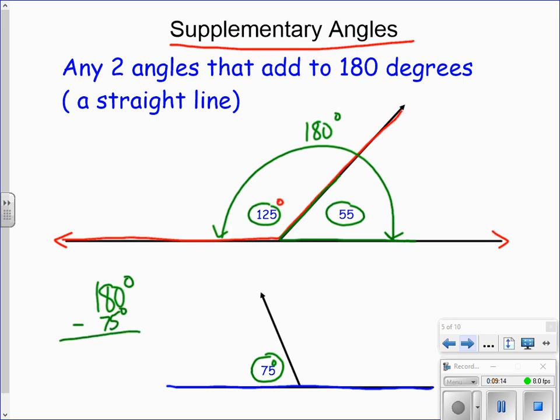And when you subtract 180, subtract 75, you get 105 degrees. So this angle over here has to be 105 degrees, because the 2 of these must add up to 180 degrees. Again, that's called a supplementary angle.